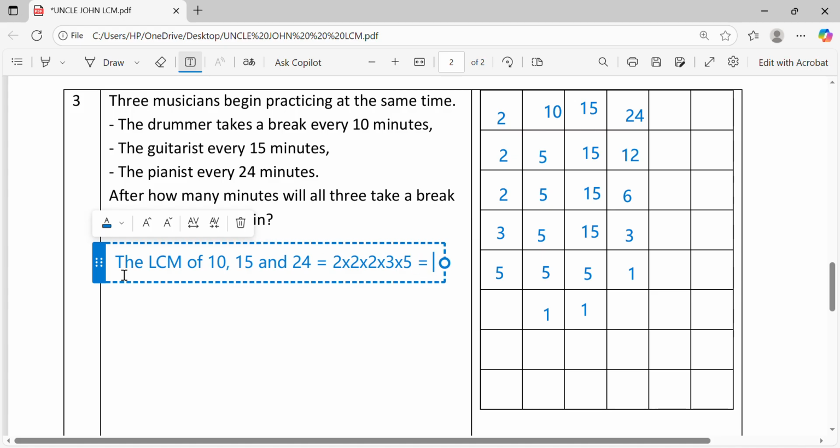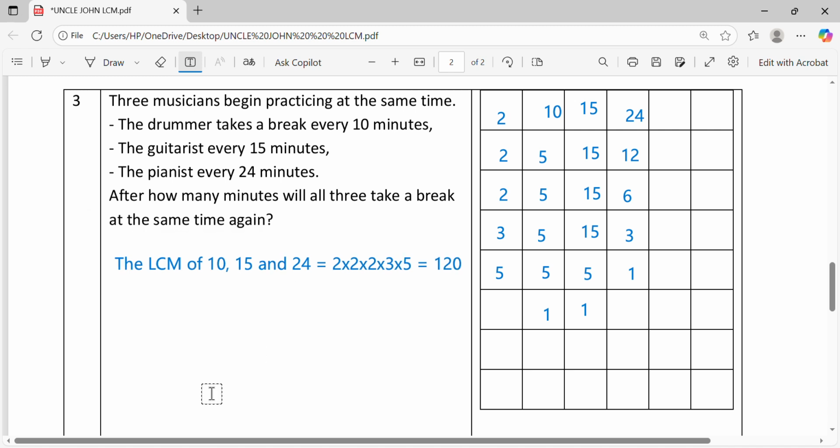That results to 120. Yes, you got it. 120.